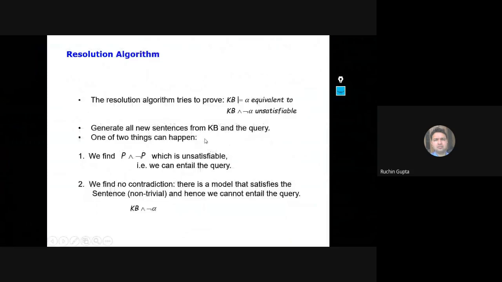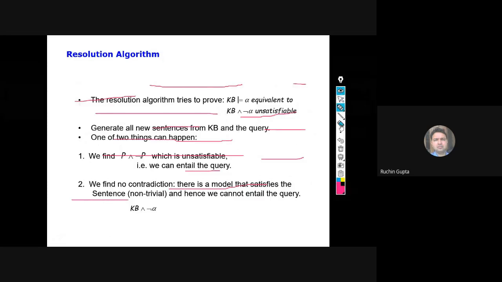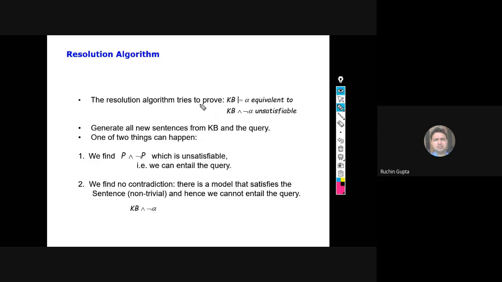Okay. So we can represent this resolution algorithm like this. We have a knowledge base, and we want to show that alpha is a statement that can be derived from this knowledge base. So we will prove that knowledge base and negation of alpha is going to be unsatisfiable, right?